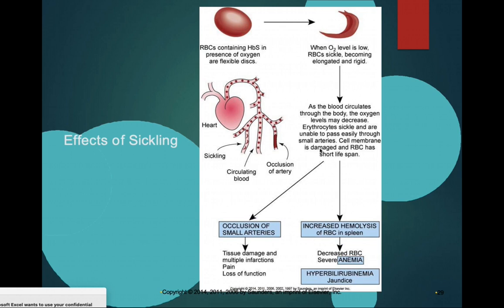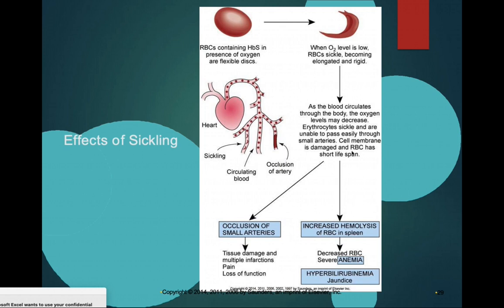Remember, the cell membrane is damaged, and the red blood cell also has a shorter lifespan of only 20 days. When these irregularly shaped cells go through these small arteries, you can create an occlusion crisis, right? So now you have tissue damage and multiple infarctions that can create pain and also loss of function.